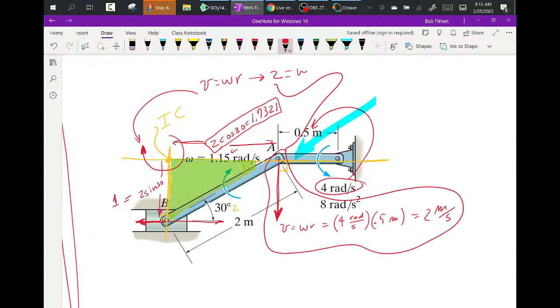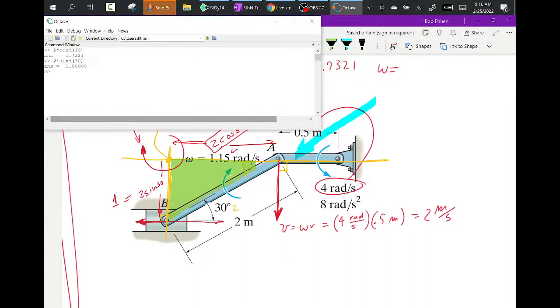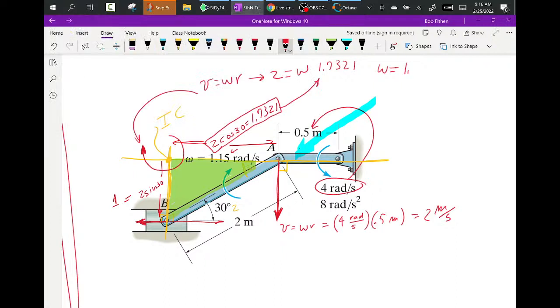The omega, let's assume we don't know it right now, and assume we know the r, which is 1.7321. So omega will be 2 divided by 1.7321, which is 1.1547, which is what he gave us here.